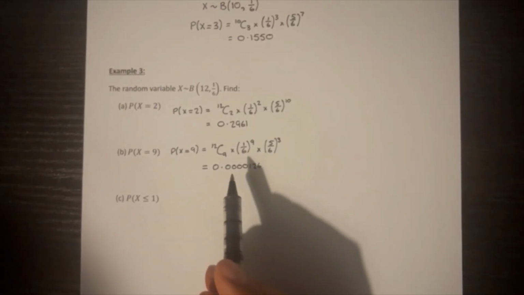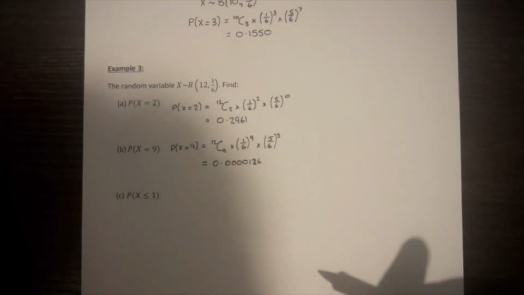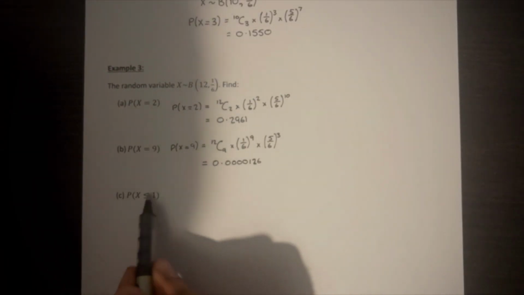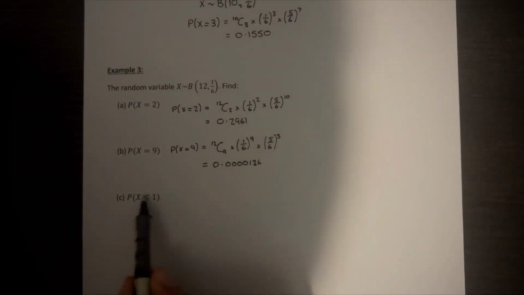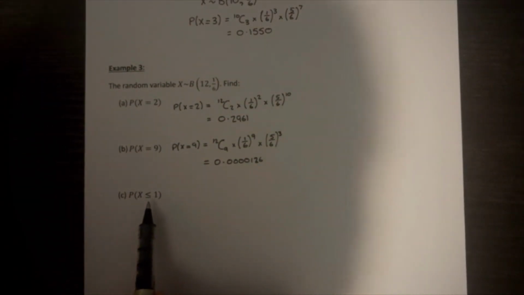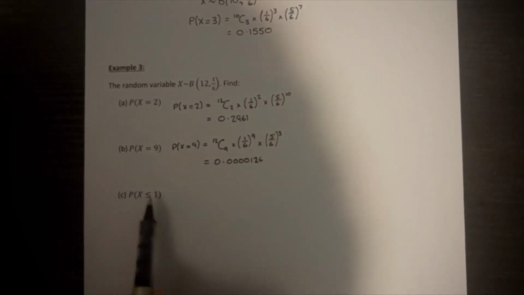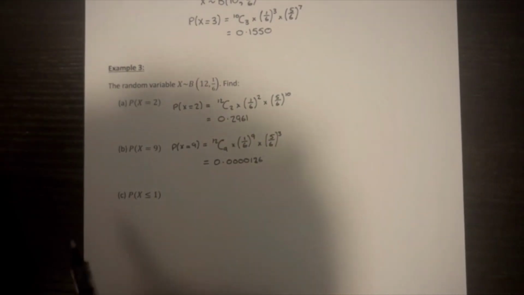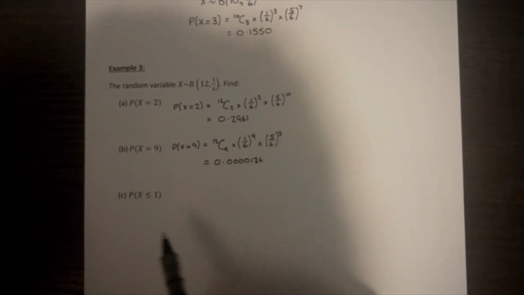The last question we're going to look at, the probability that x is less than or equal to 1. So slightly different here, we've got less than or equal to 1. Now in a future video, we're going to look at situations where we have less than or equal to, or some other inequalities appearing, where the method we're going to use now would be quite long-winded and would take a long time.